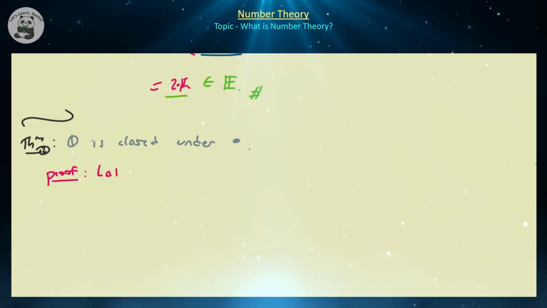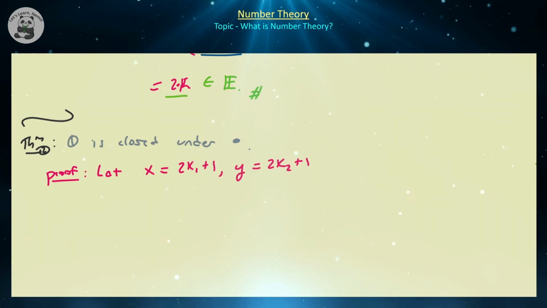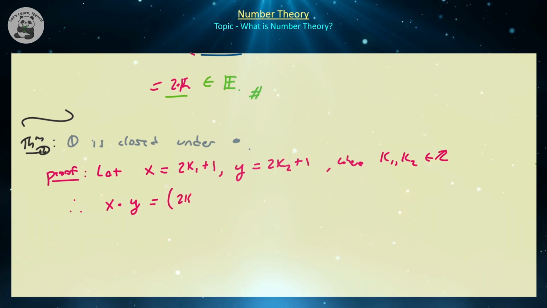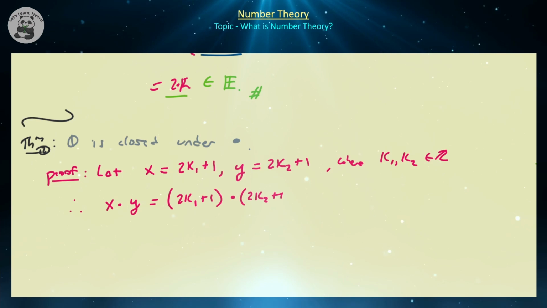So what we're going to do is let x be equal to 2k1 plus 1, and y be equal to 2k2 plus 1, forcing that x and y are both in O, where k1 and k2 are both arbitrary integers in Z. Right? So we're going to multiply these two odd integers, which is going to be 2k1 plus 1 times 2k2 plus 1.